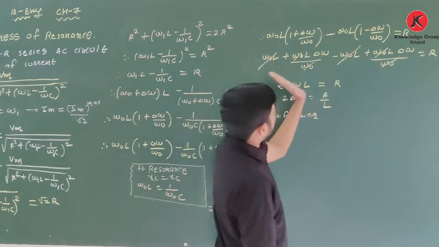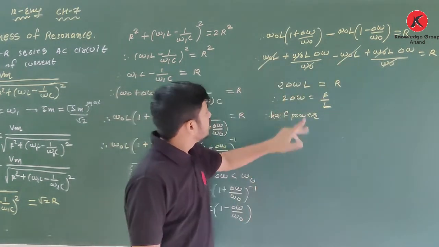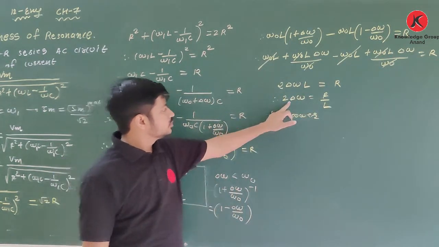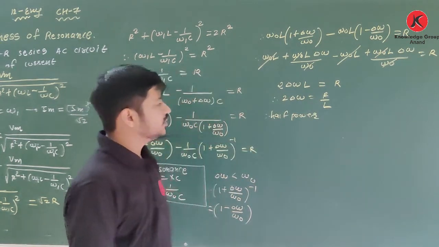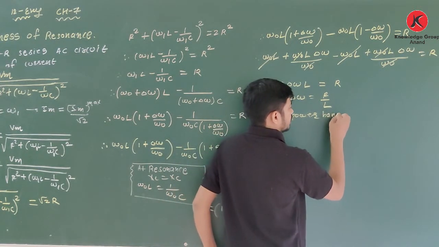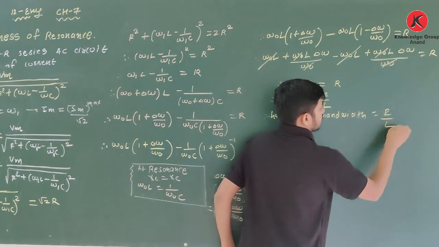Now open the bracket. Omega 0 L, omega 0 L cancel. 2 delta omega L is equal to R, and 2 delta omega is equal to R upon L, and 2 delta omega is called half power bandwidth. Half power bandwidth is equal to R upon L.